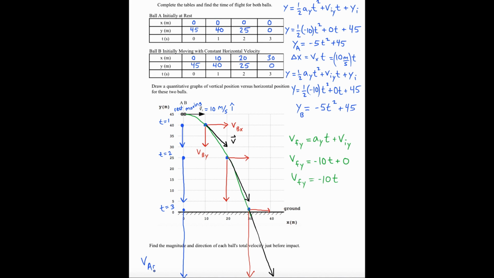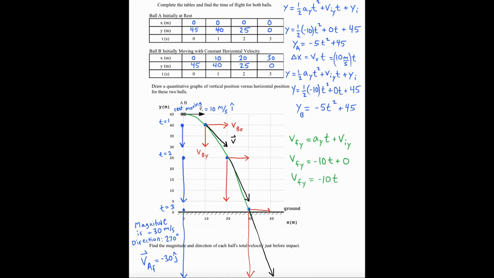So VA final equals negative 30 in the j hat direction. So its magnitude is 30 and the direction is 270 degrees counterclockwise from the positive x.